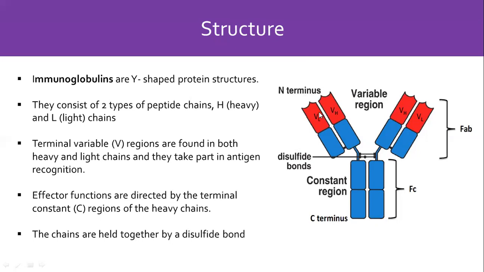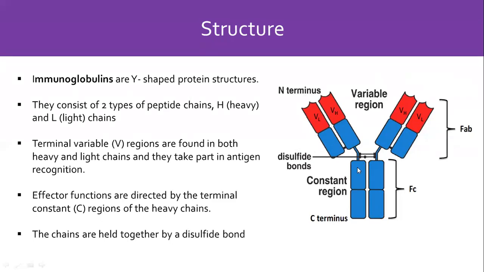I say so because they keep changing depending on which type of antigen we're dealing with, so it has to be more specific. The rest of the other sections are called the constant regions. They normally don't change. So this is the constant heavy chain, and this part is the constant light chain.